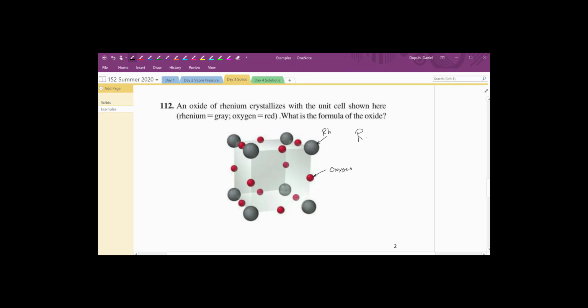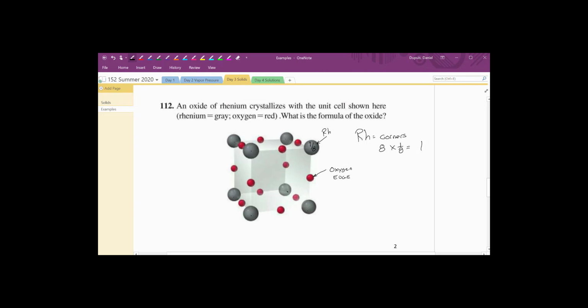So rhenium is on the corners. Each of these corners is an 1/8. And there's 8 rheniums. 8 times 1/8 is 1. So there's 1 rhenium. Oxygen is on the edge.